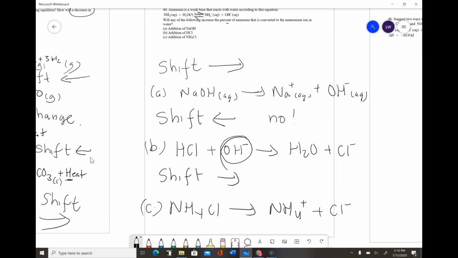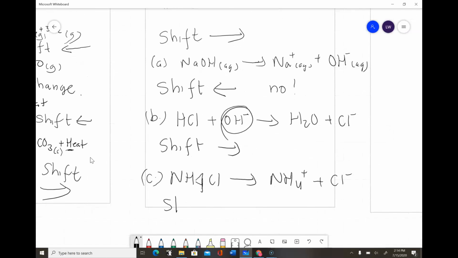So adding ammonium chloride is the same as adding a source of ammonium ions, and that's going to cause the equilibrium to shift to the left. So again, no, this will not increase the number of moles of ammonia that dissociates into ammonium. In fact, it will have the opposite effect.